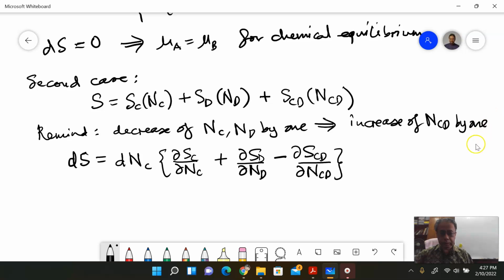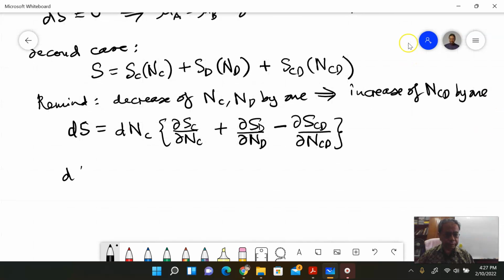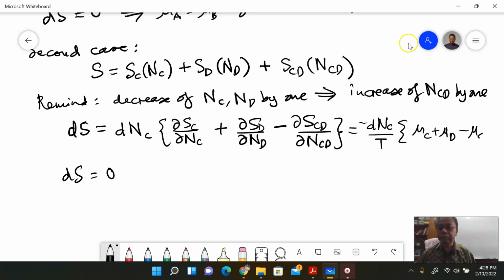If this is at chemical equilibrium, dS equals 0, and we can rewrite this as minus dNC over T times mu C plus mu D minus mu CD.